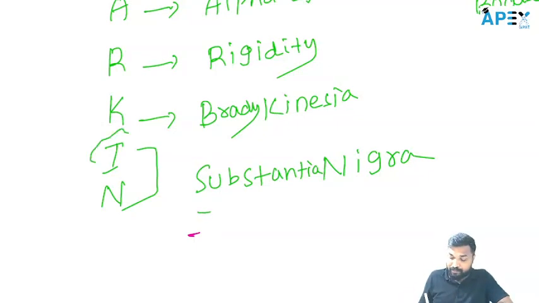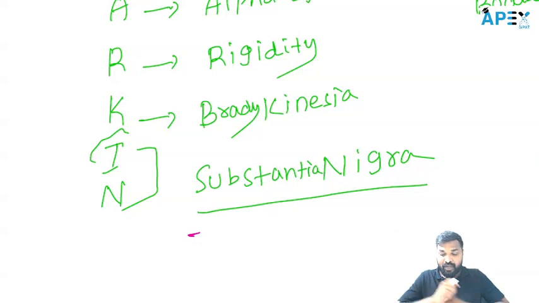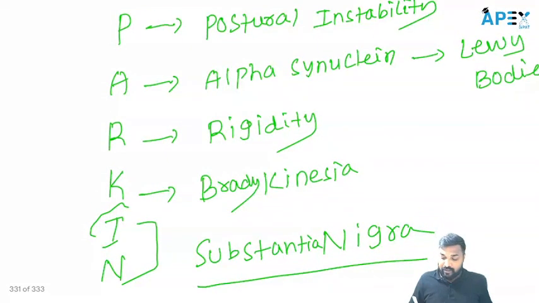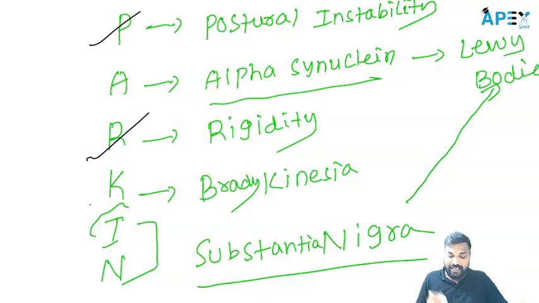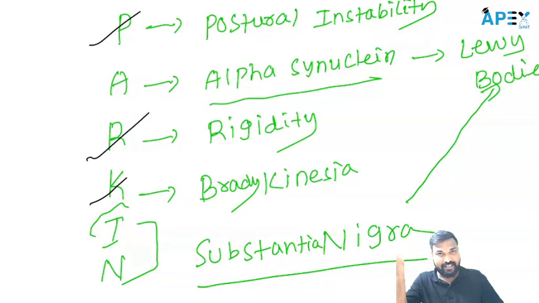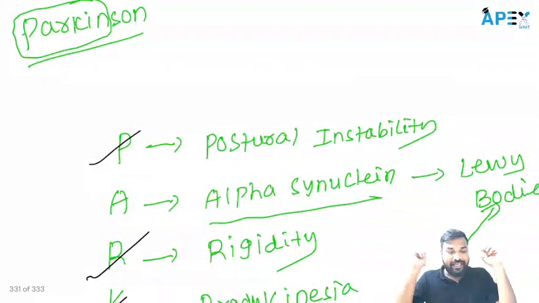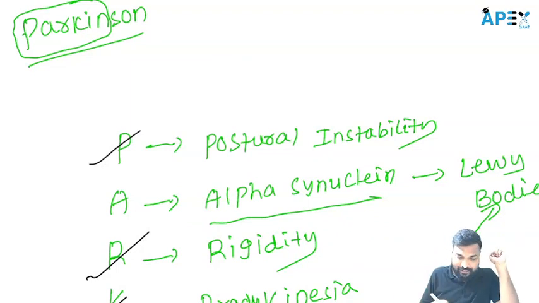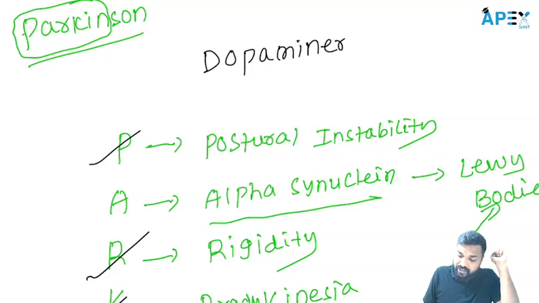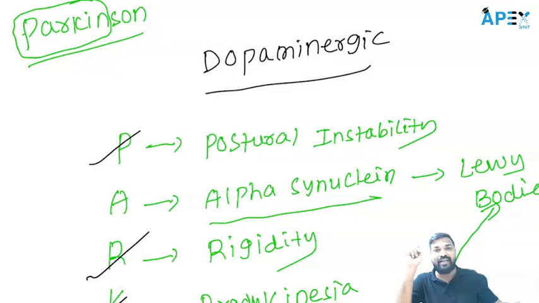The substantia nigra, where Lewy bodies are produced. These Lewy bodies are made up of alpha-synuclein, and the symptoms are postural instability, rigidity and bradykinesia. Very simple. Which neurons are decreased in Parkinson's? The dopaminergic neurons. All clear?